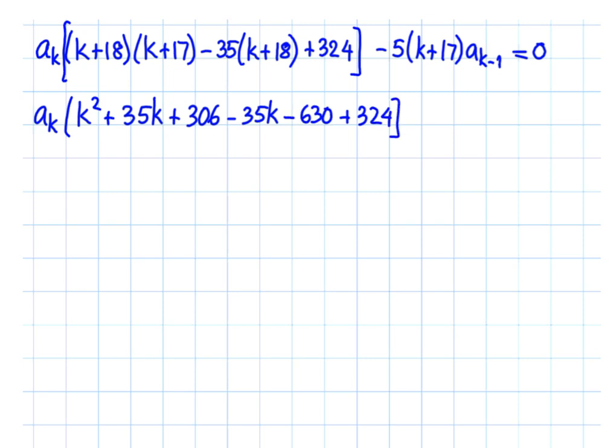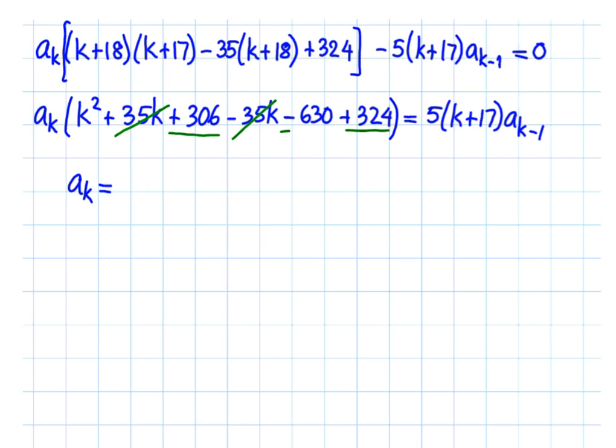And now we'll move the 5 and K plus 17 on the other side. K minus 1. Right, I simplify inside the parentheses here. We have A sub K. Right, let's look at the numbers. 35K minus 35K. 306 and 324, that is 630.